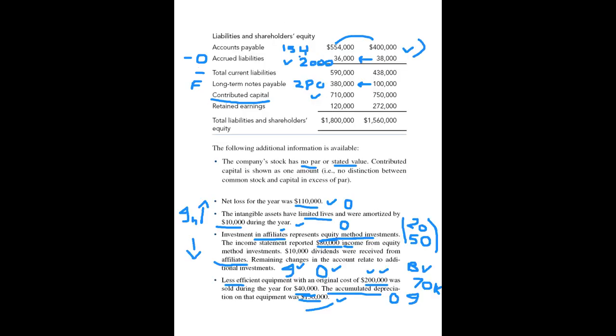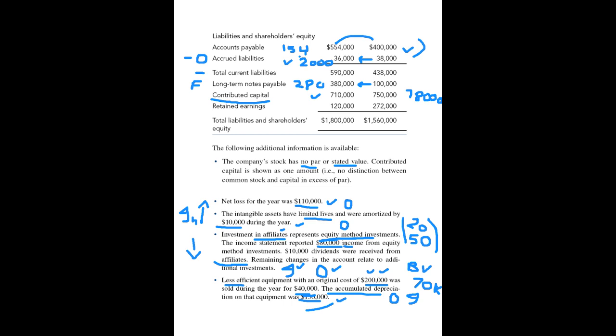Our share capital was originally 750,000. Then we issued further shares. How many further shares have we issued? We have issued 30,000. So when 30,000 comes, that becomes 780,000, right? Then we have repurchased shares of 70,000 from one dissatisfied shareholder.